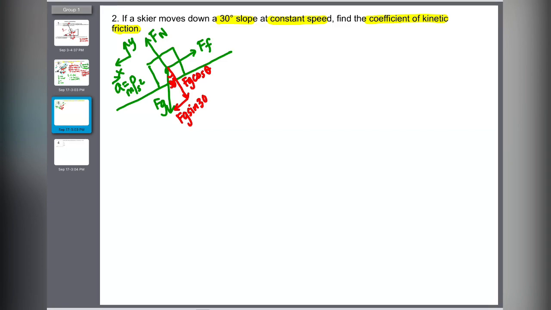Once you've been through a couple of times for these types of questions, it's the same thing over and over again. Okay, so study your forces along X, study your forces along Y. And this time acceleration is 0, meaning both X and Y, F net equals 0. Along X, two forces, FG sine 30 and FF. So downhill, FG sine 30 minus uphill, which is the FF, equals MA, and this is 0.